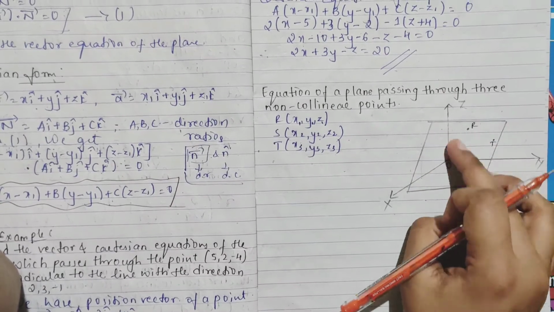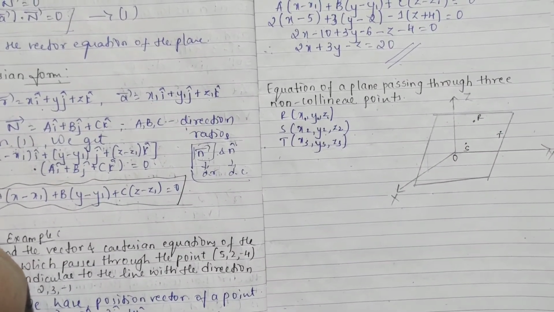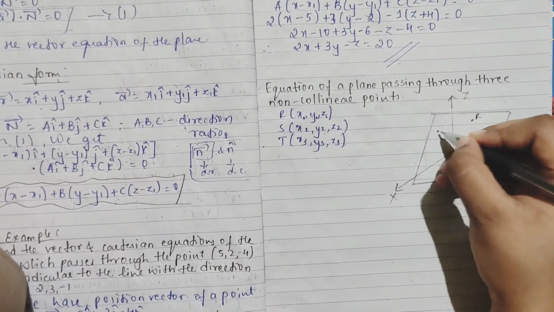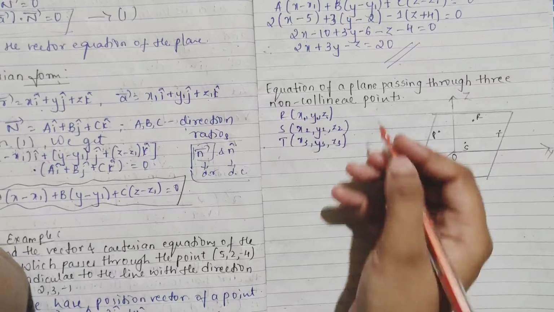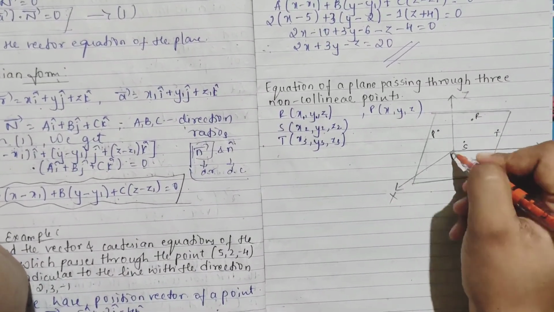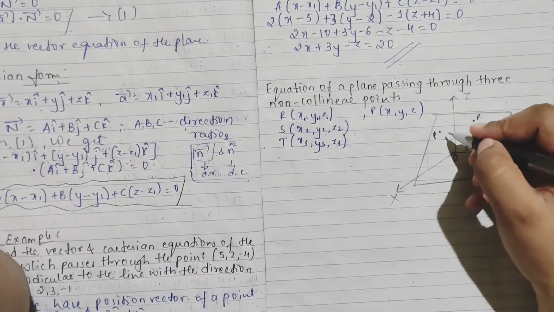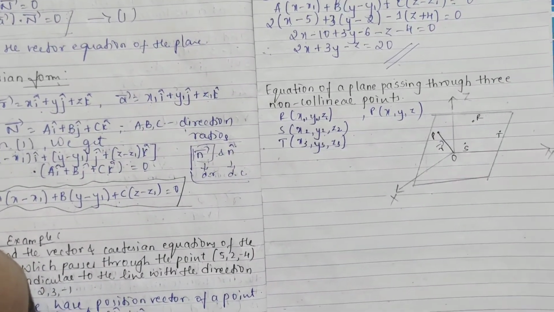So three non-collinear points. Now we will take our position vector P. I will draw it somewhere here. So your OP, the position vector P, I can take as (x, y, z). If I join this, I will get vector r.